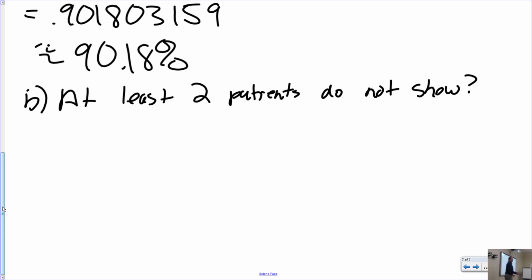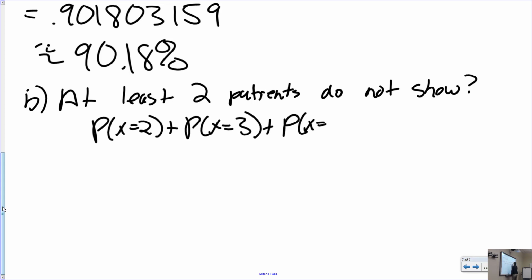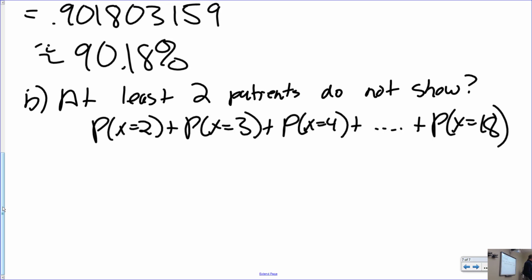So what are all the numbers that this applies to? A lot. The probability that X equals 2, plus the probability that X equals 3, plus the probability that X equals 4, plus dot, dot, dot, plus the probability that X equals 18. Right? You should be going, hell no. That's why I did drop this.